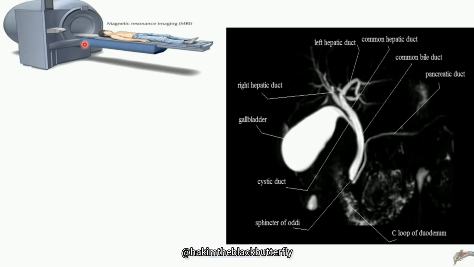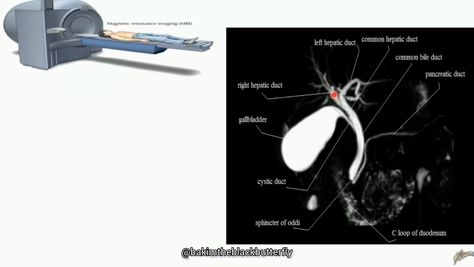It can give you clear visualization of the ducts. Okay, it's the best modality to clearly visualize the ducts. Remember, we said we have the right hepatic duct, of course, collecting bile from the right physiological lobe. We have the left hepatic.